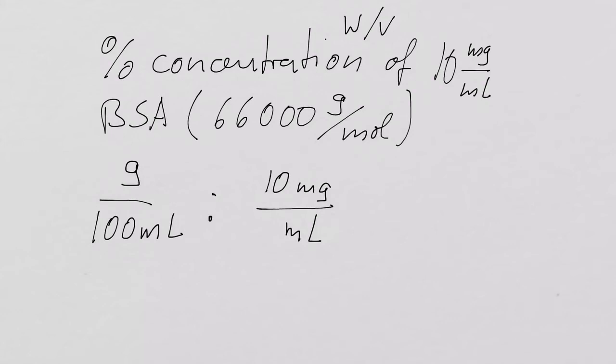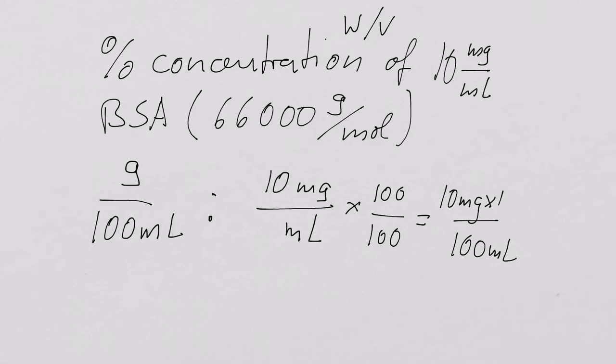So all we need to do is we extend this fraction by 100. Now, it's just simply extending a fraction. So at the bottom, we have 100 milliliter. That's exactly what we want. And at the top, we have 10 milligram times 100.